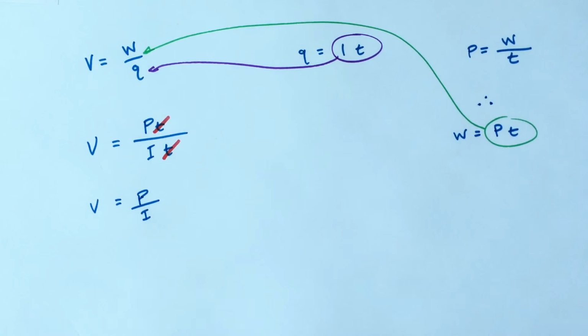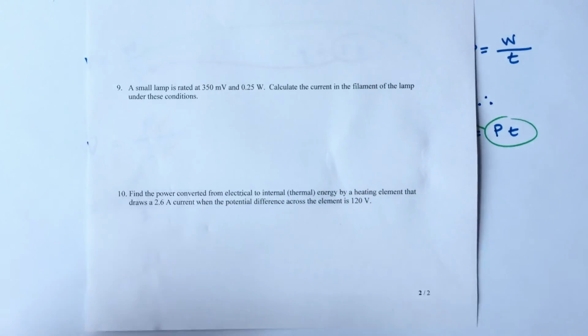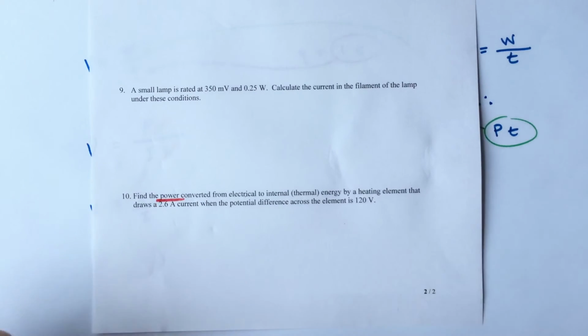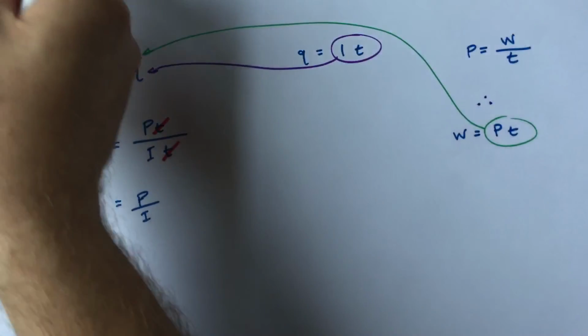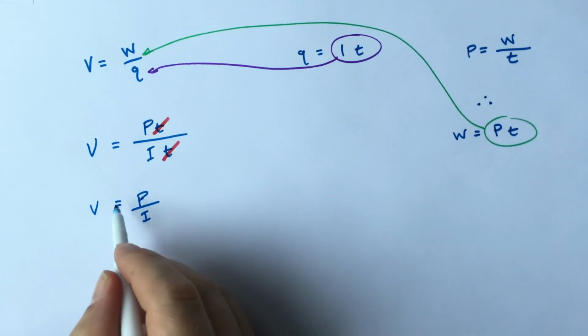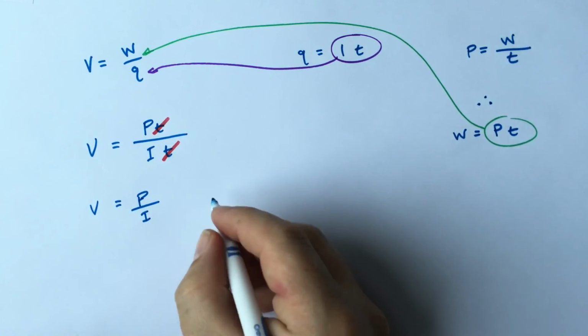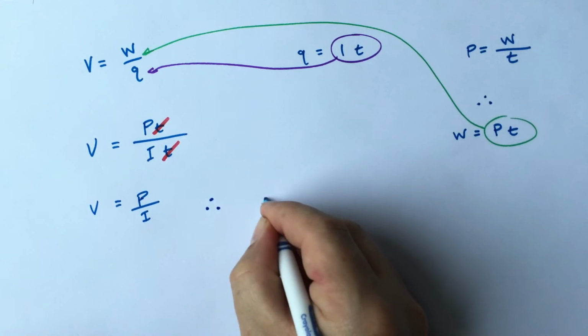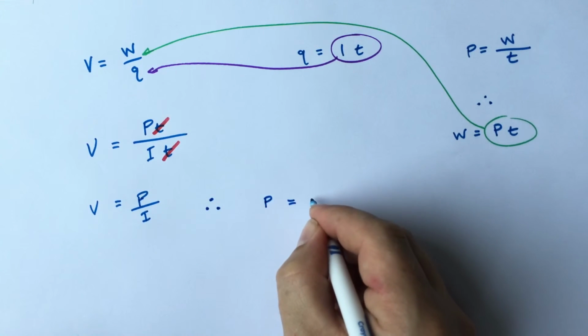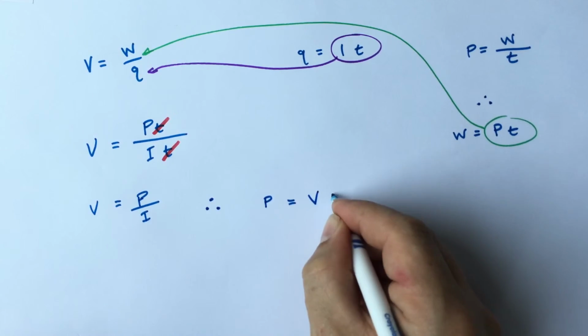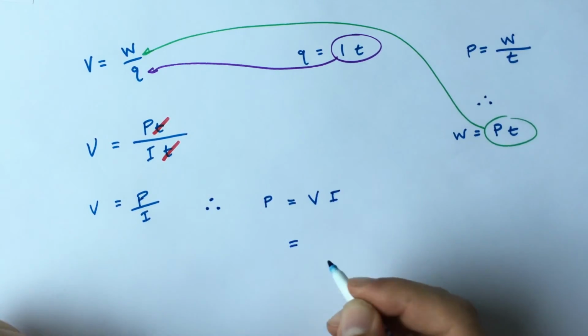But my problem doesn't ask me to find potential difference. It says find the power. So I'm going to solve this equation for power and write if voltage is equal to power over current, therefore power is equal to voltage times current.